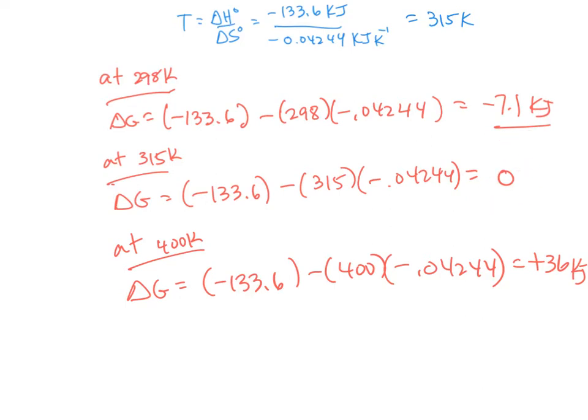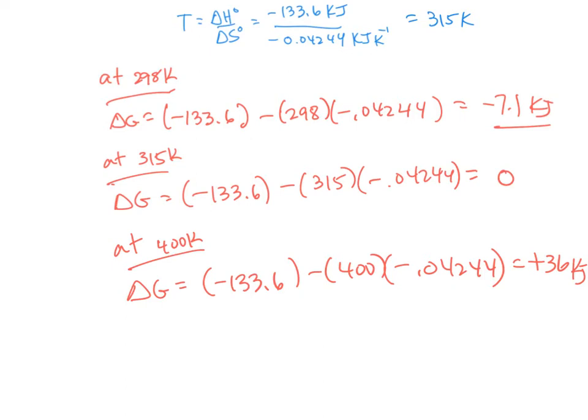At the transition temperature, delta G is 0. And above the transition temperature, delta G is positive, non-spontaneous, and you have the idea that the entropy term has taken over, the system's becoming disordered, and the reaction shuts down. All right, so that is a really nice example there.